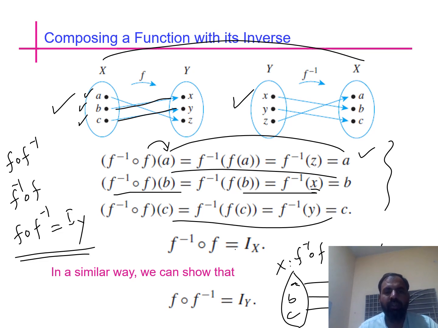And f inverse of f of c is equal to f inverse of y, so it's c. So the composition of the inverse with its function becomes the identity function. Similarly, we can show that f composition f inverse is equal to the identity function on Y.